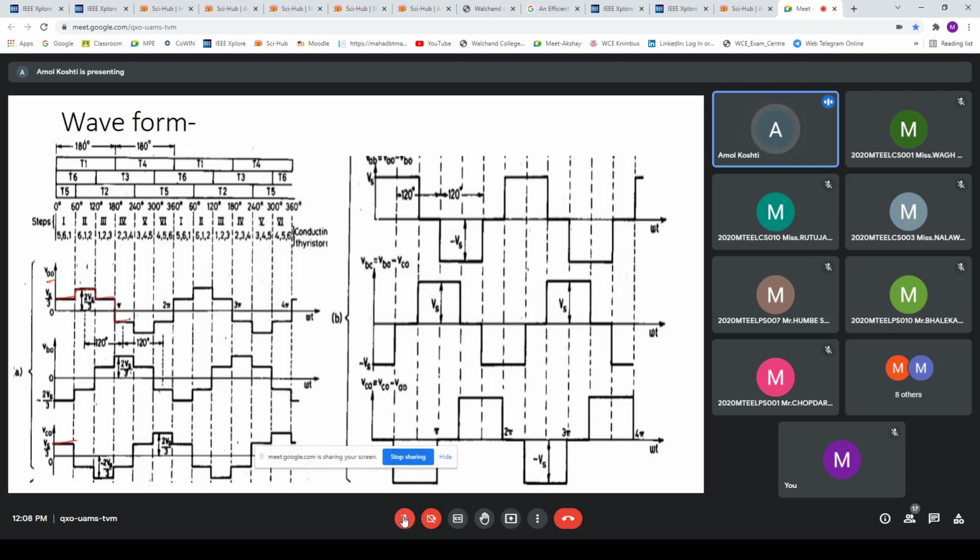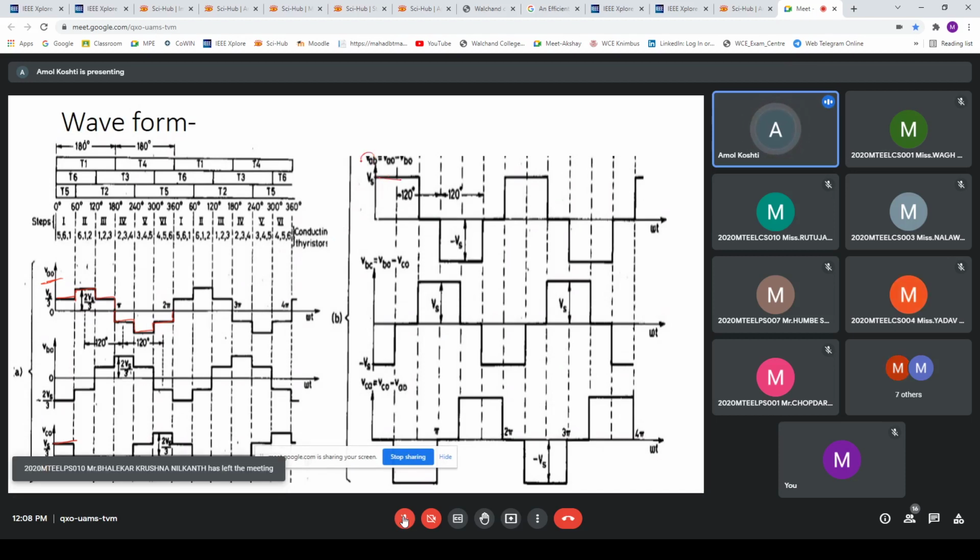Now these are the phase waveforms. The phase waveform is the phase with respect to the neutral. In this way, for every phase we get this type of waveform. From the phase, if we go for the line waveform, we get this type of waveform.